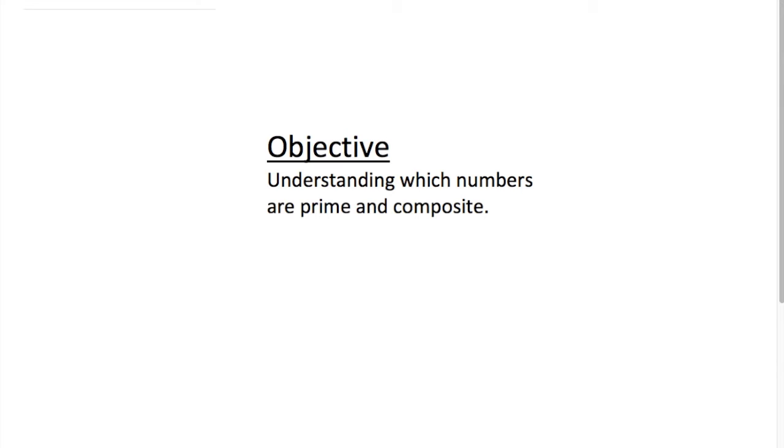Prime numbers are numbers that can only be multiplied by 1 and itself. Let's say like 3. Now, only 3 can be multiplied by 1 times 3 or 3 times 1. No other number can be multiplied that equals 3. Let's talk about 4.